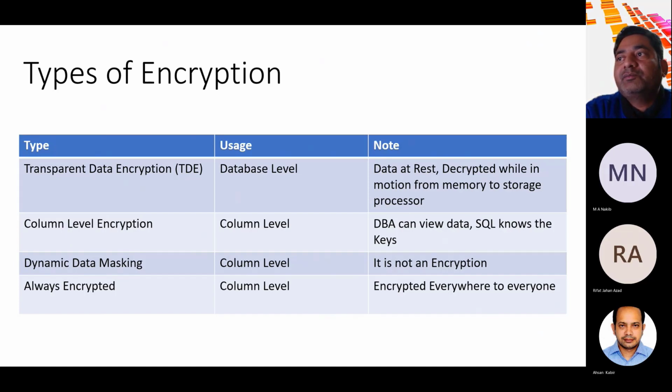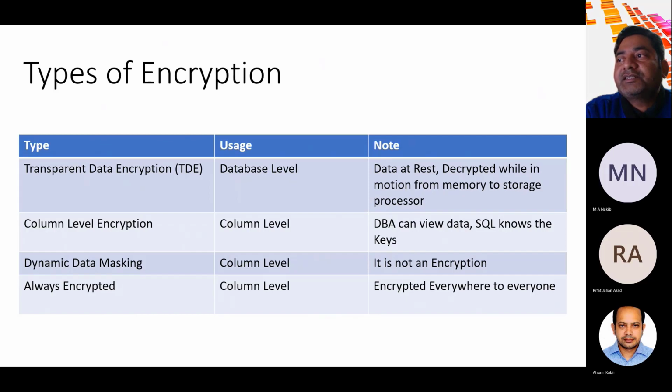Then we have column-level encryption, where a DBA who has knowledge of the key and where the key is stored can see the data. Another one is dynamic data masking.